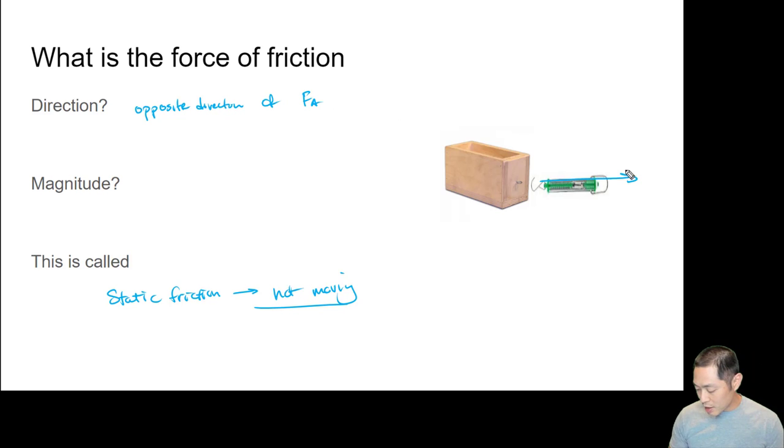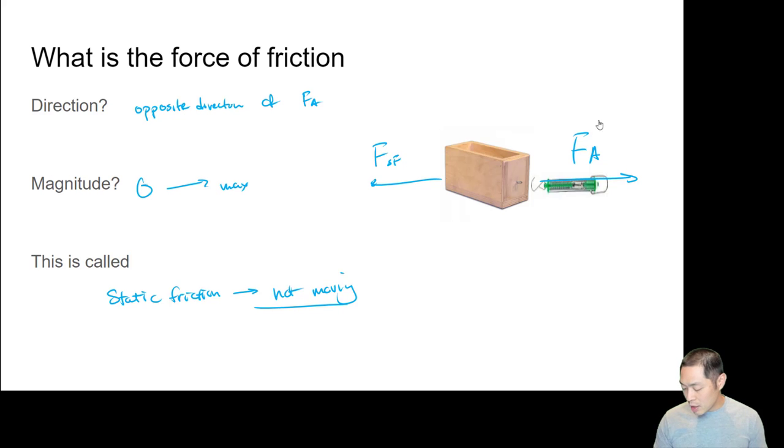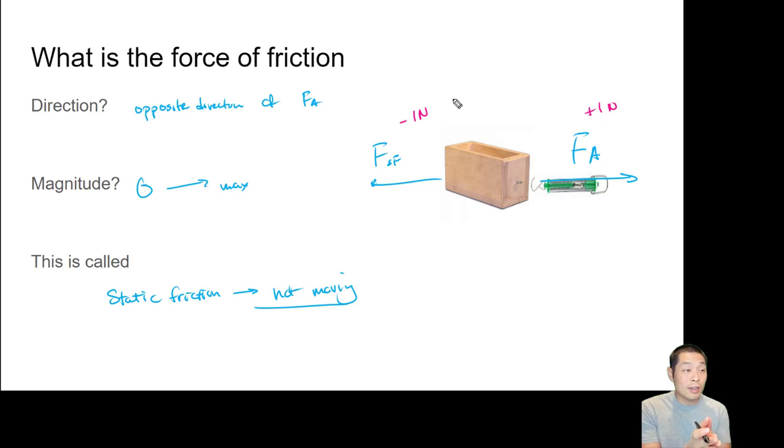So if the force applied is to the right, then the force of static friction is going to be to the left, and the magnitude is going to be 0 to its max. So if I'm pulling with +1 newtons, then the force of static friction is going to pull back -1 newtons. And it can keep going until it starts moving. Kind of like that video, you'll see it getting bigger and bigger and bigger.